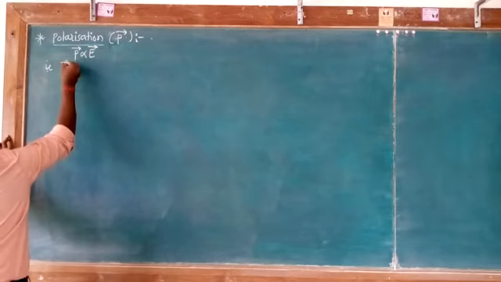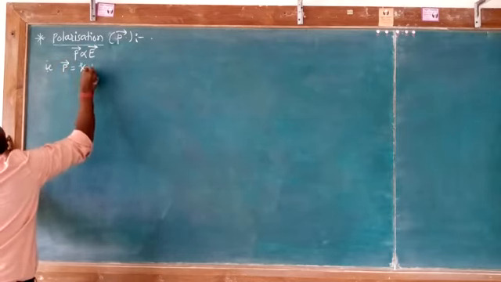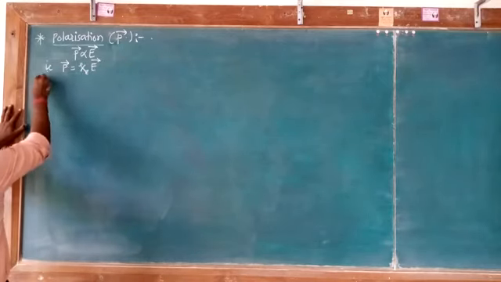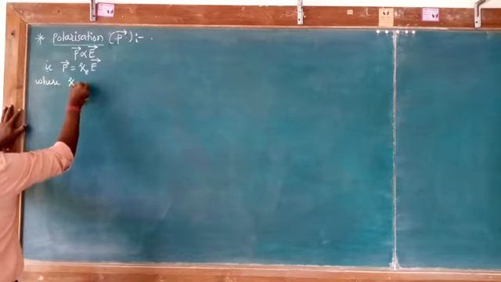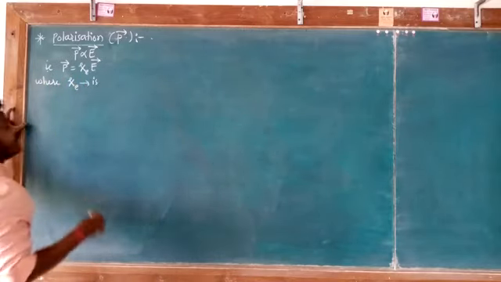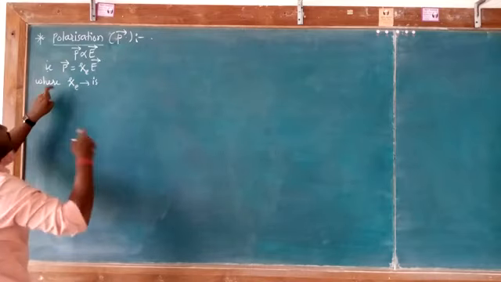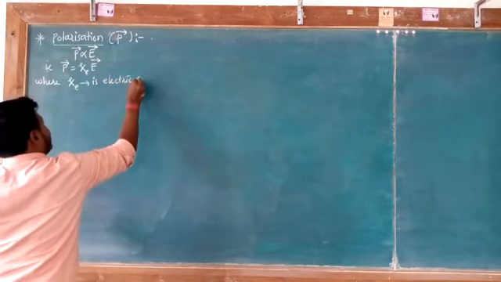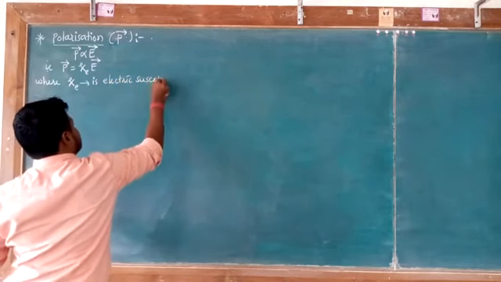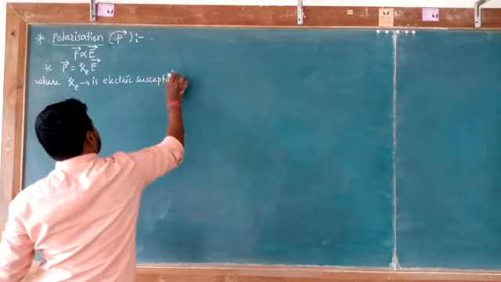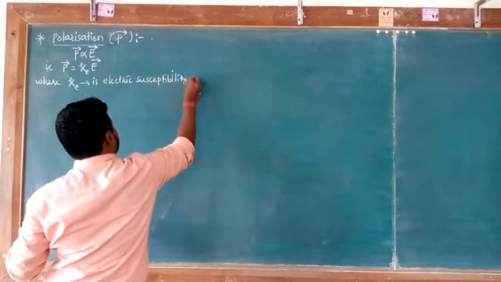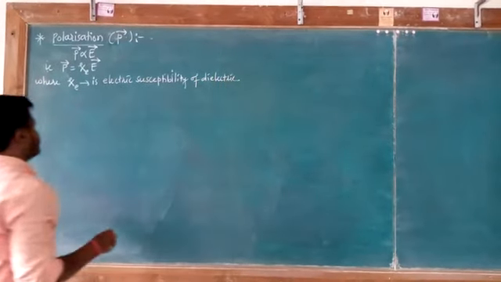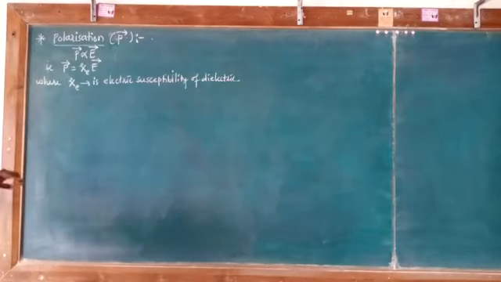Simply, the equation we can write is P vector is equal to χe E vector, where χe is a constant characteristic of the dielectric, and it is known as the electric susceptibility of the dielectric. This is the term about polarization.